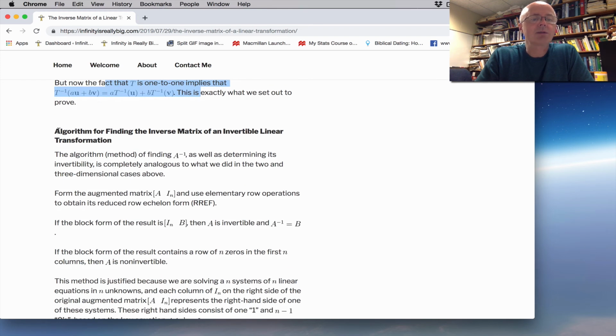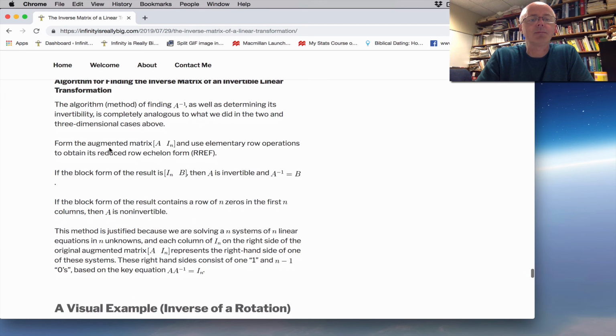It's operation preserving, which again I was assuming really earlier. Here's the algorithm in general for finding the inverse matrix. You form your block augmented matrix, where the thing on the left is A and the thing on the right is IN, where N is an arbitrary positive integer. And you go to reduced row echelon form. If the block form of the result is in this form, then A is invertible, and the inverse matrix will be the matrix on the right that I'm calling B here.